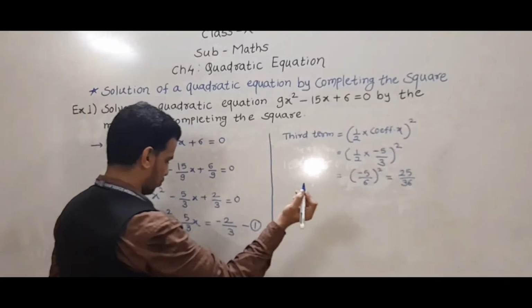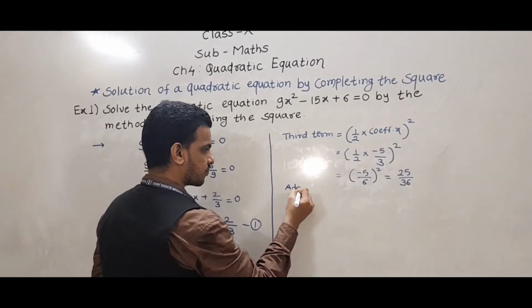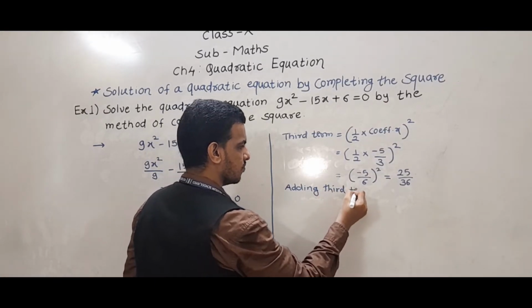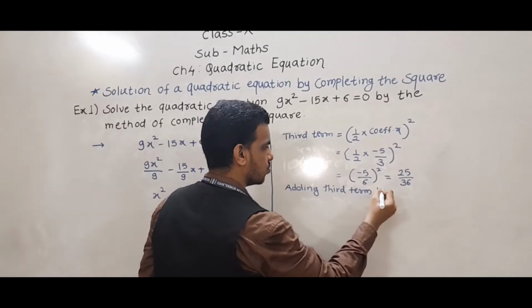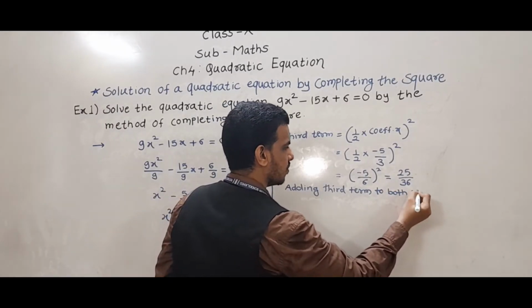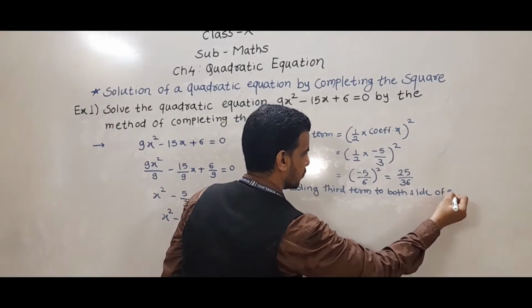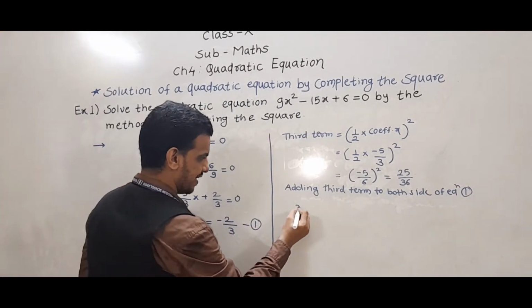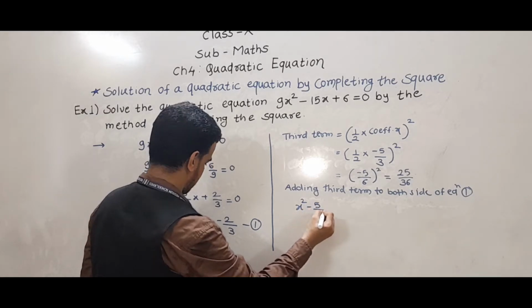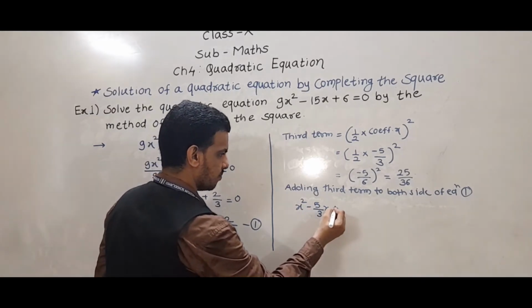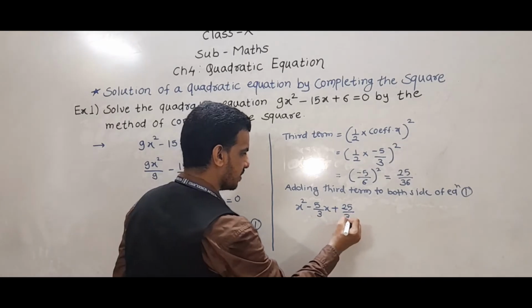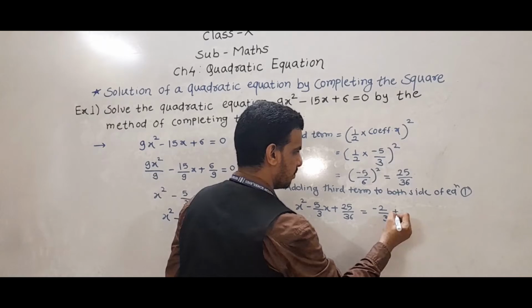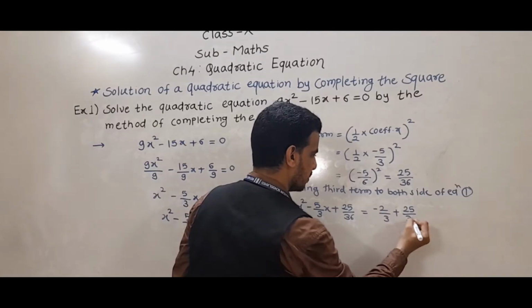So adding the third term to both sides of equation 1, we get x square minus 5 by 3 into x plus 25 by 36 is equal to minus 2 by 3 plus 25 by 36.